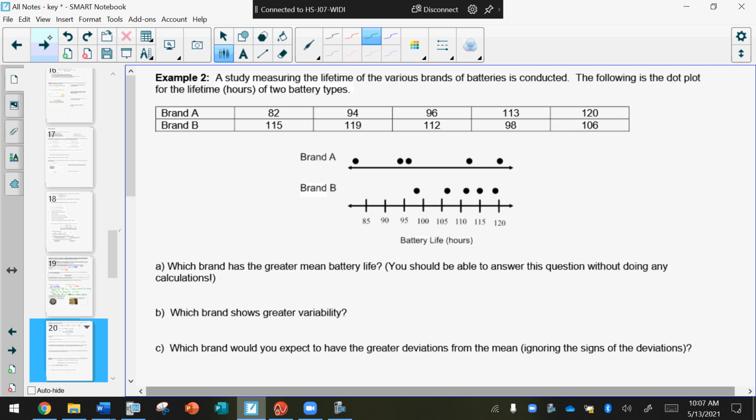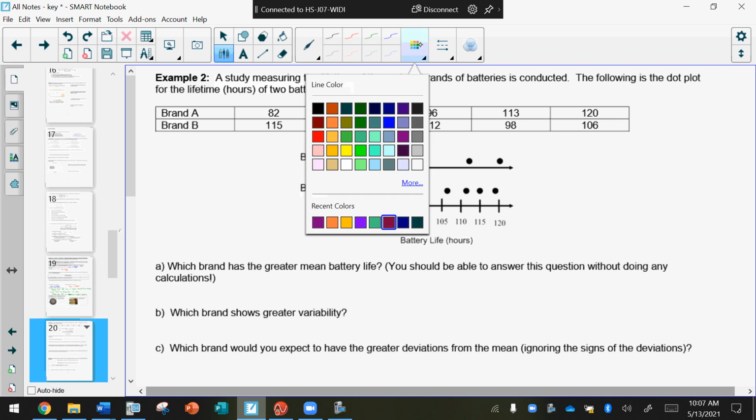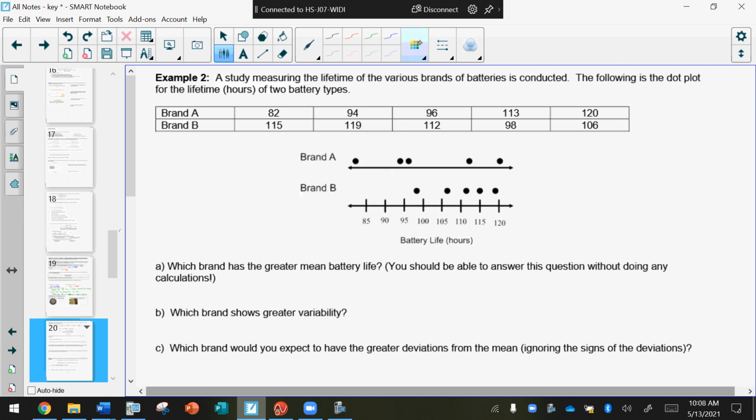Which brand would you predict to have a higher mean? Well, we're going to say brand B. How come? Simply put, it has larger numbers. We got brand B: 115, 119, 112, 98, 106. They are more consistently higher numbers than brand A.